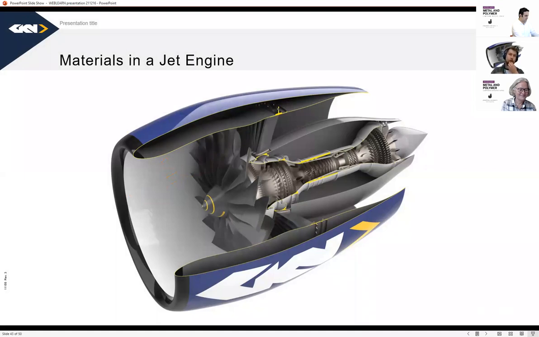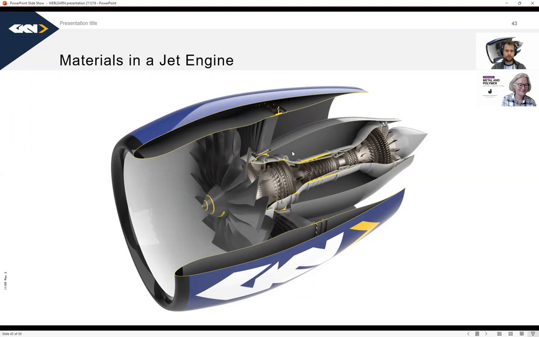Yes, so first off, I will try to quickly describe how a jet engine works, in case you don't all know that. We have two main parts of a jet engine. We have the bypass air, where most of the air passes through the engine, and then we have the core of the engine, where we generate power.